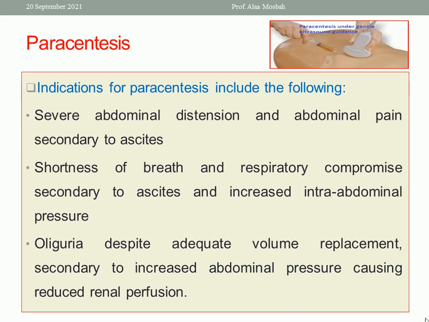Also in cases with oliguria, especially if oliguria despite adequate volume replacement, secondary to increased abdominal pressure causing reduced renal perfusion. Because with increased intra-abdominal pressure, there is reduced renal perfusion. So I want to decrease the intra-abdominal pressure, so I want to do paracentesis.